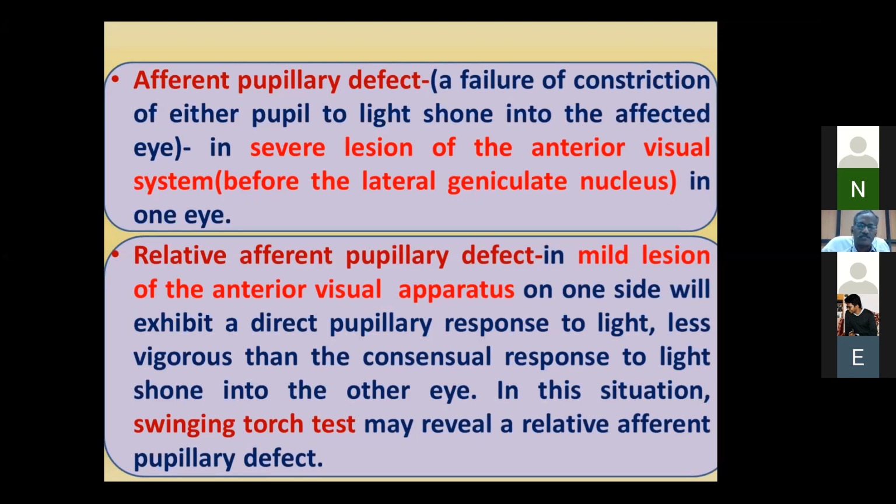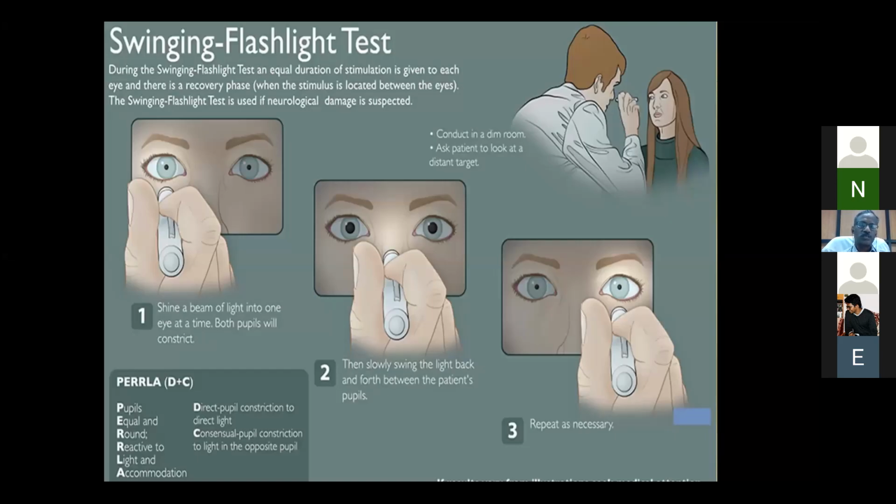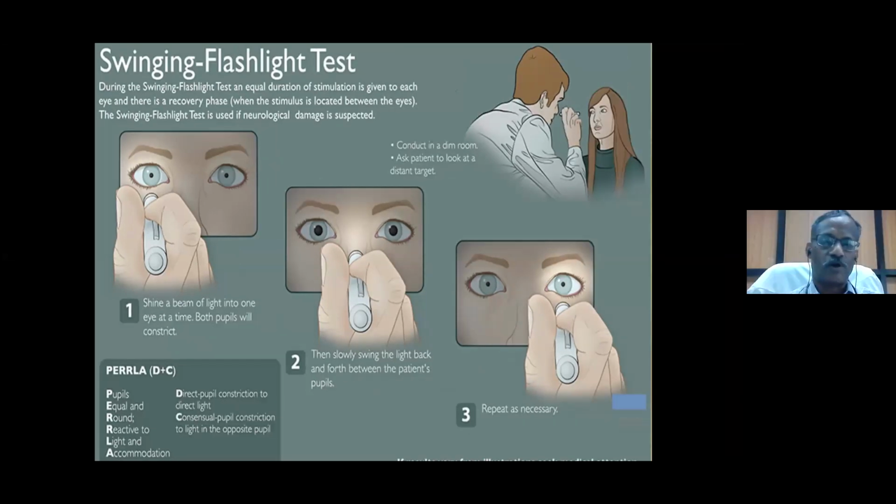In a relative afferent pupillary defect, one side exhibits a direct pupillary response to light less vigorous than the opposite. This is done by the swinging torch test, the swinging flashlight test. We shine a beam of light into one eye, both pupils constrict, then slowly bring it to the opposite eye, and the patient must show a response. If it is not showing a response, that indicates abnormality.